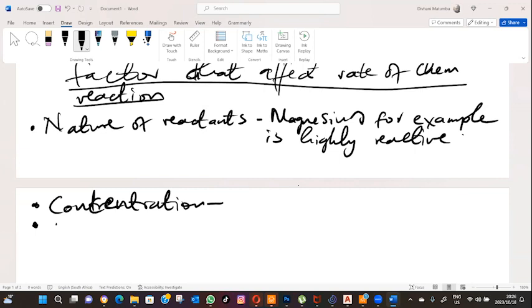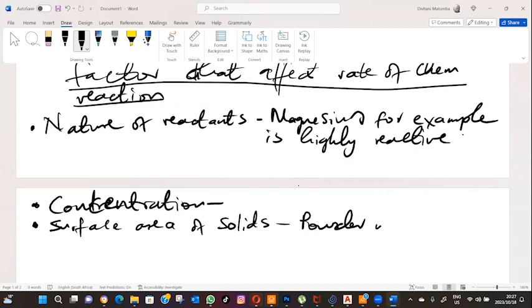Then we have surface area of solids. What we know is that powder will react faster than solids.